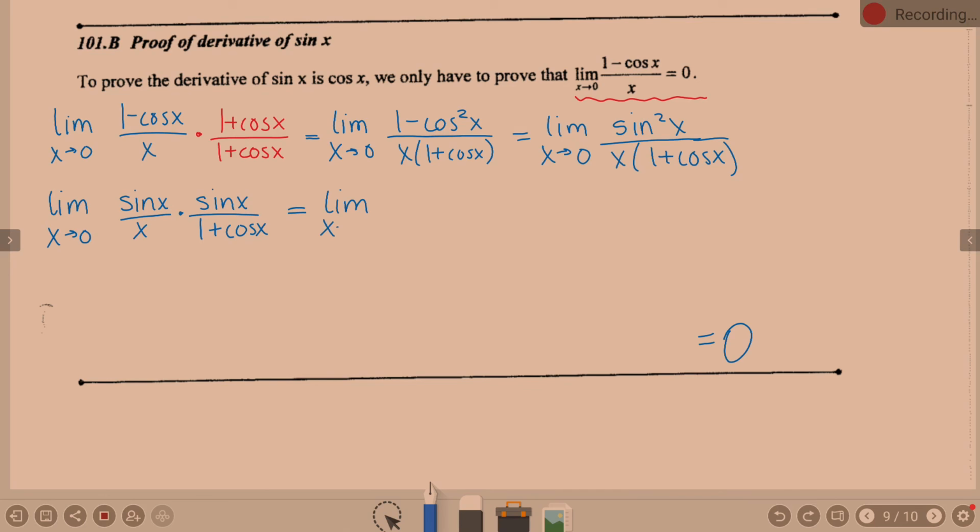So this is the limit as x approaches 0 of sine x over x times the limit as x approaches 0 of sine x over 1 plus cosine x. Does that make sense when I say the limit of a product is equal to the product of limits? It's always confusing to say, but this is the limit of a product, but it's equivalent to the product of limits.